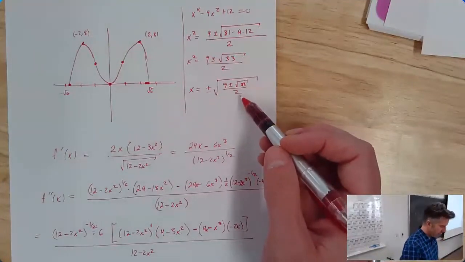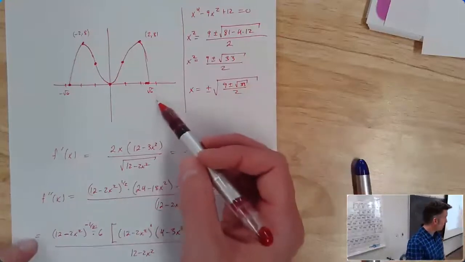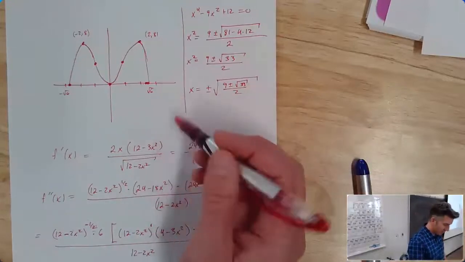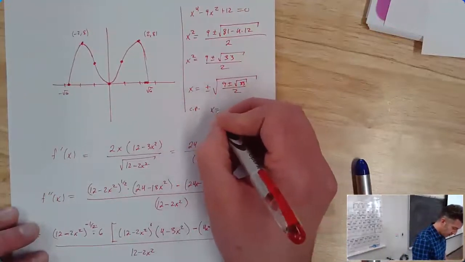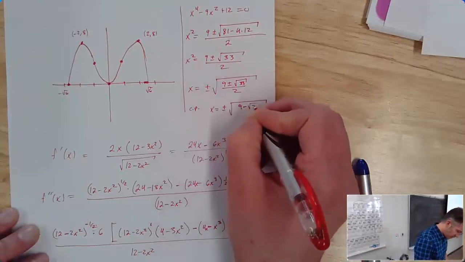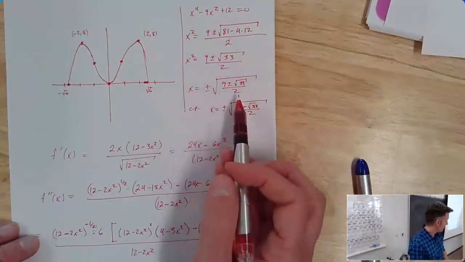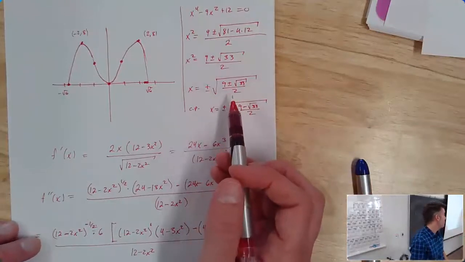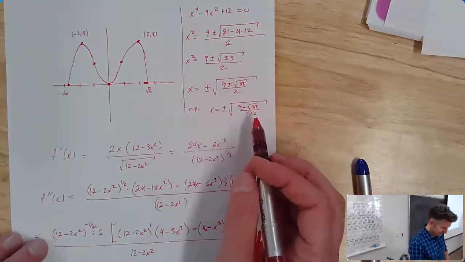Divided by 2 is like 7 point something, which is bigger than the square root of 6. So definitely our actual critical points are x equal to plus or minus the square root of 9 minus the square root of 33 all over 2. Because 9 plus the square root of 33 all over 2 is too big. It's outside of the domain. So then that's where our inflection points would be.